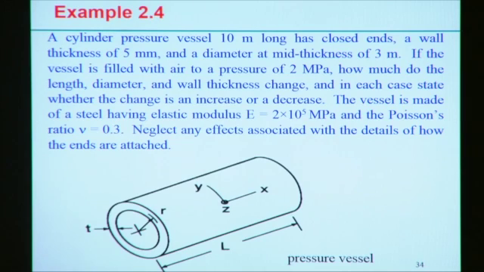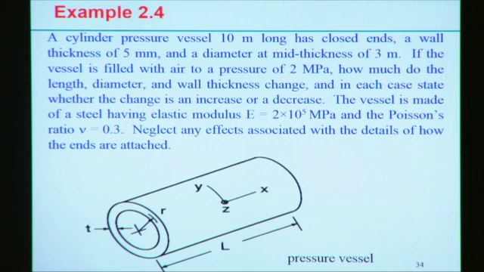Let us look into another example problem like that. A cylindrical pressure vessel 10 meters long has closed ends, and all other parameters, for example thickness, diameter and internal pressure, are also given, and Young's modulus is also given. The material of this vessel is steel and Poisson's ratio is also given.